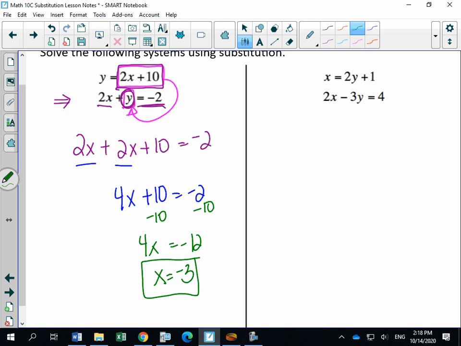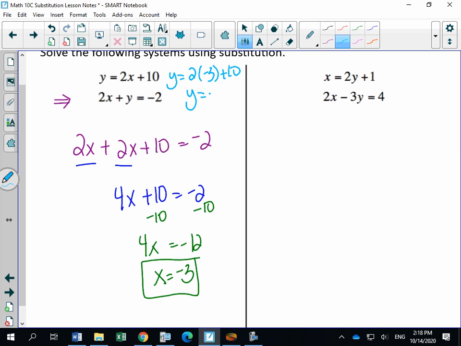So you got to take that answer and you got to bring it back to the top, and you have to say, where should I put that? Should I put that in system 1 or system 2? It does not matter. You're going to get the exact same answer. However, because I want to find out what y is, this would be the system that I would choose because it's already set up for y is equal to. So I'm going to plug that negative 3 into the first system, and I'm going to have y is equal to 2 times negative 3 plus 10.